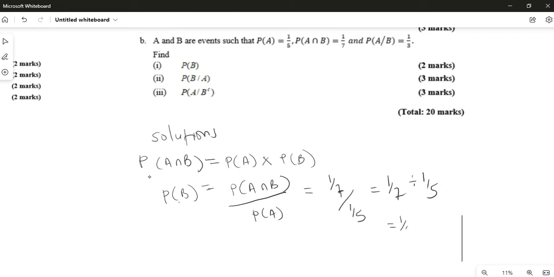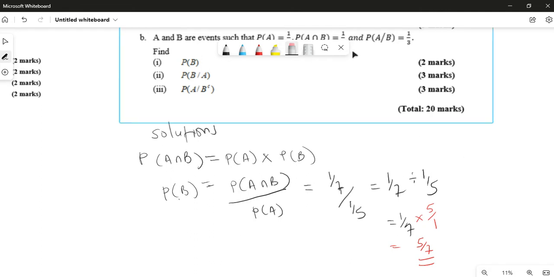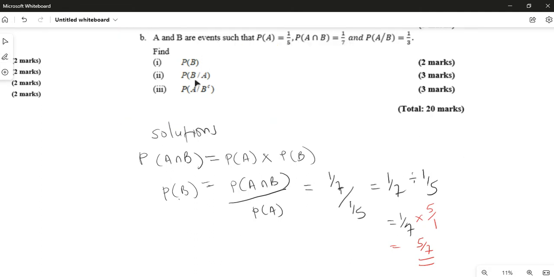Remember, when dividing fractions, the sign changes, so it becomes 1 over 7 times 5 over 1. The probability of B is 5 over 7.